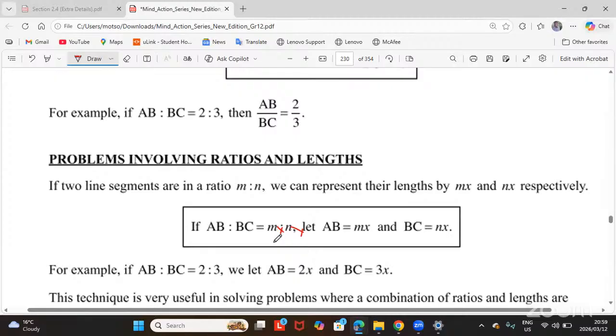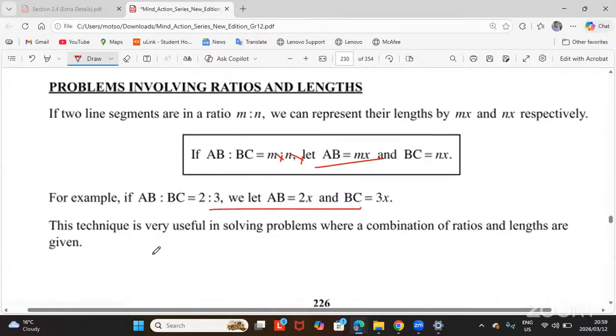You can't give them different variables. Like maybe you can't say m is x and n is y. No, you will be wrong. You should give the same variable throughout. If the first one on the ratio is x, the second one should be x as well. Now, this is what we said here. This technique is very useful in solving problems where a combination of ratios and lengths are given.